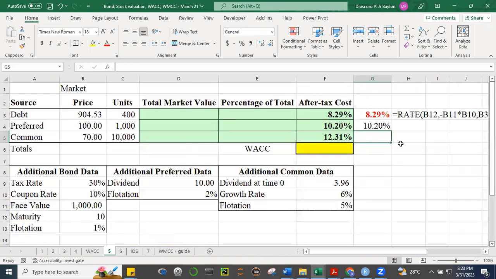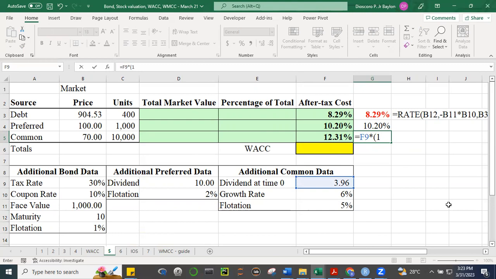So, okay, we can now compute for that. What's our D1? We know that dividend at time 0. So therefore, the dividend at time 1 is growing by 1 plus the growth rate, which is 6%. Di ba? So your dividend for next year will be dividend now times 1 plus 6%.